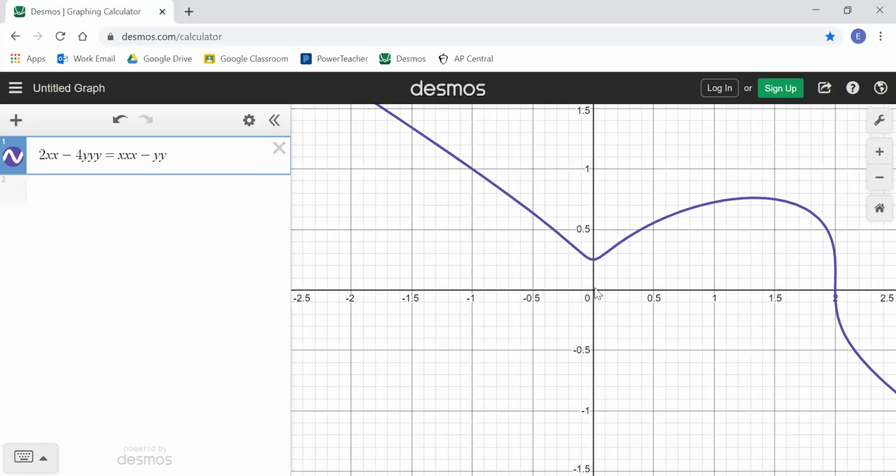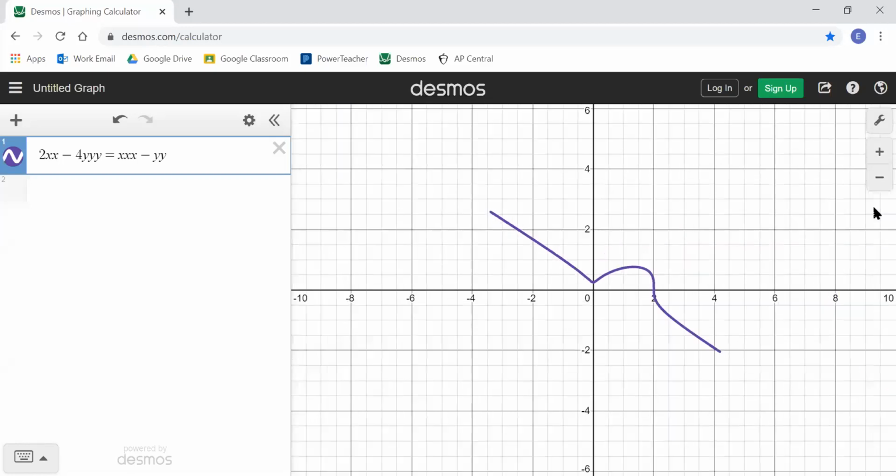Desmos has difficulty plotting a single point that's part of a graph. So it's got the whole smooth curve, but it doesn't show that point at 0, 0. And there's no tangent line at 0, 0 because it's simply just a point there. Does that make sense? Hopefully.